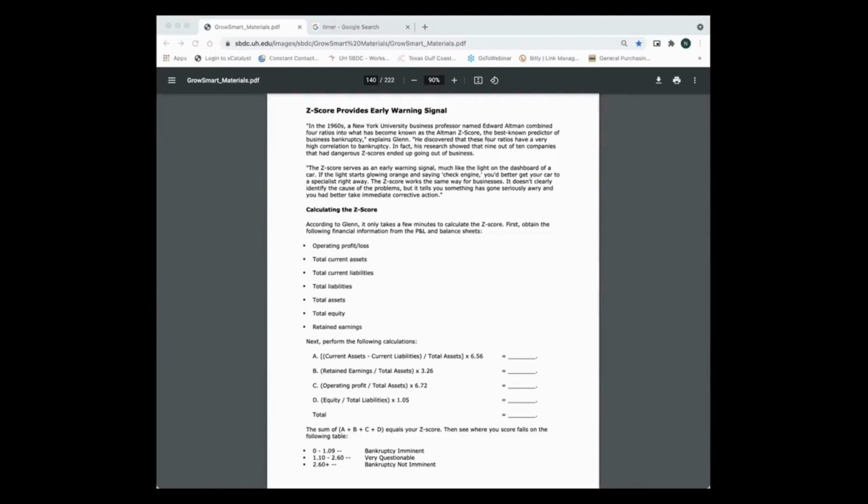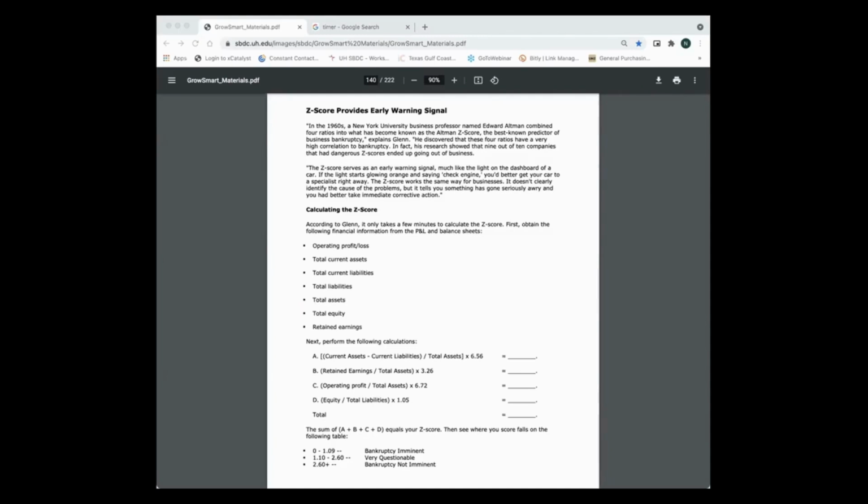Other question. Tim, this is John. Just in terms of operating profit, there are two different definitions. One is EBITDA and one is EBIT. In this particular example, they're using operating expenses including depreciation, so it's EBIT versus EBITDA. The important thing is to be consistent.